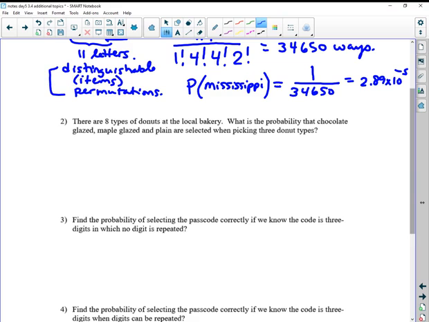This time we have 8 types of donuts in the bakery. What is the probability that a chocolate glazed, a maple glazed, and a plain are selected when we're picking 3 donuts? So it looks to me like there are 8 types of donuts out there.